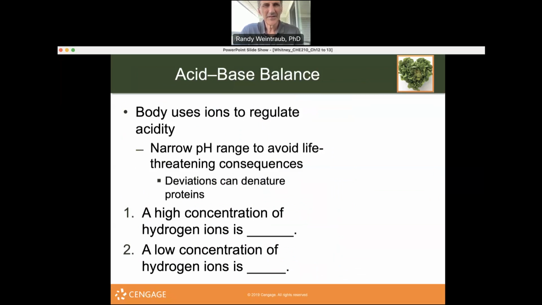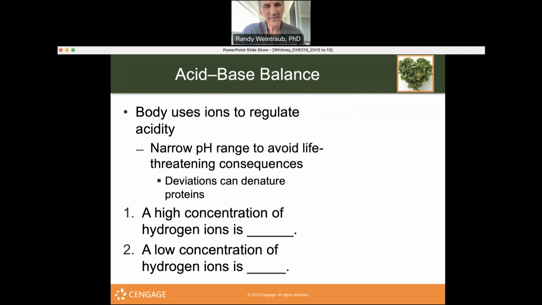So another thing we talk about when we're thinking about water and electrolytes, and that is acid-base balance in the body. The kidney is very important in regulating the acid-base balance, or the acidity. The body wants to retain a narrow range of pH around neutral to avoid life-threatening consequences.